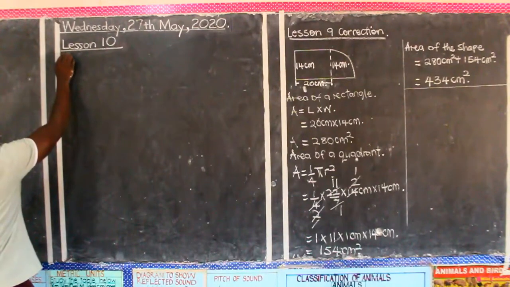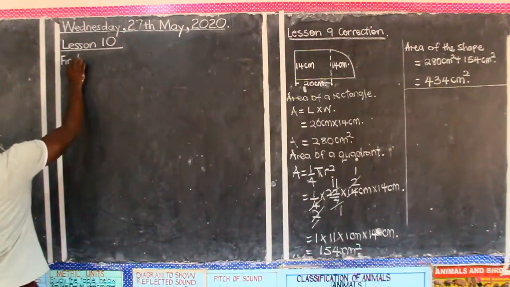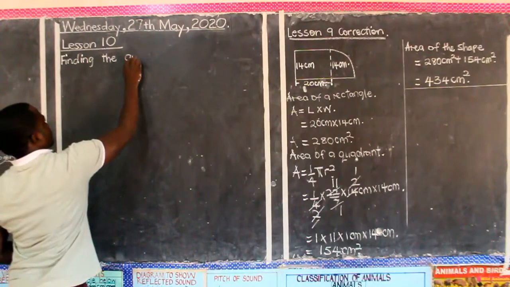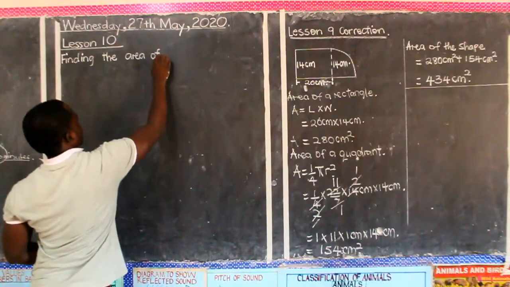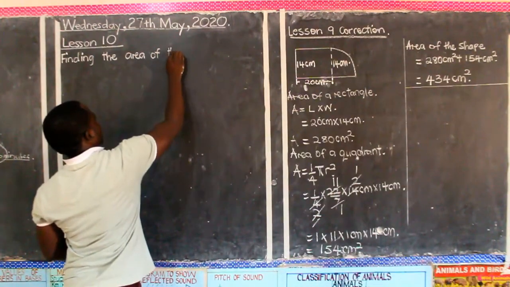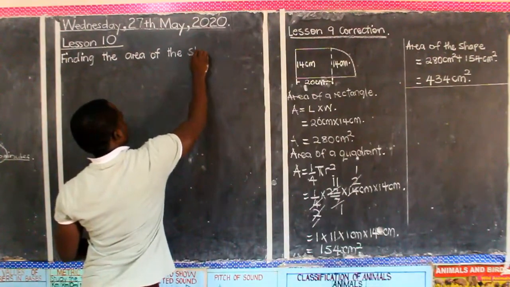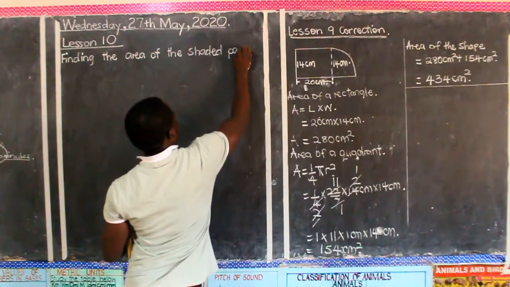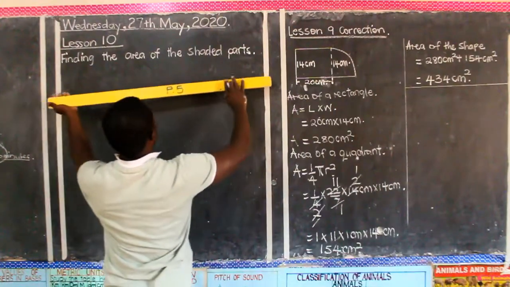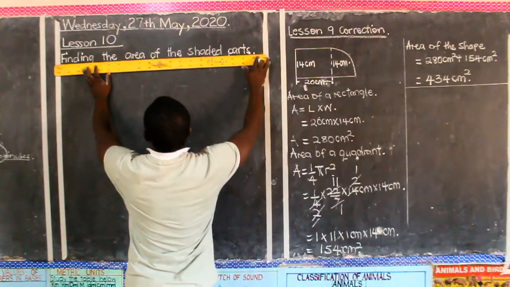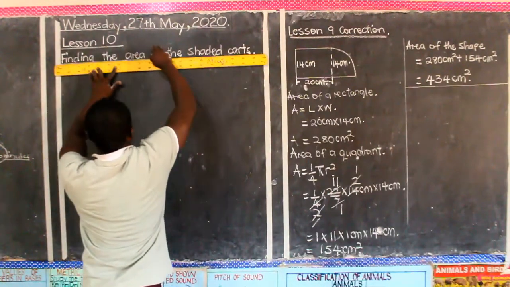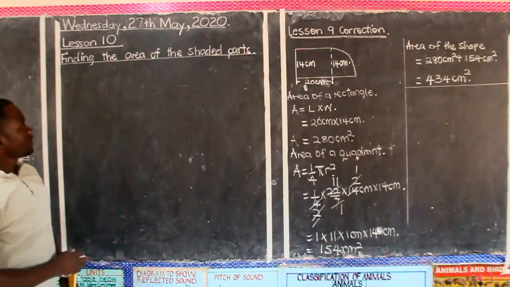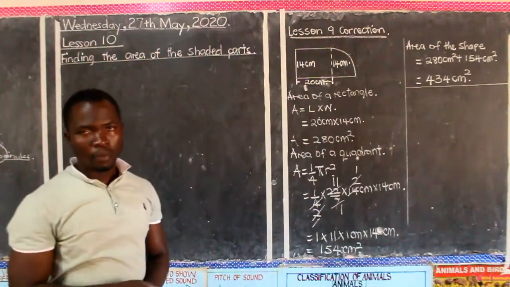So finding the area of the shaded parts, this is what you are going to look at today.